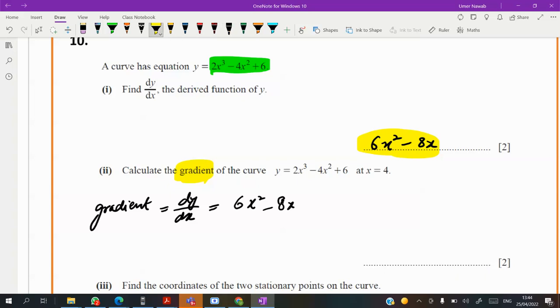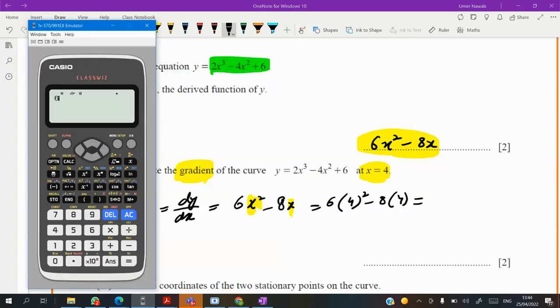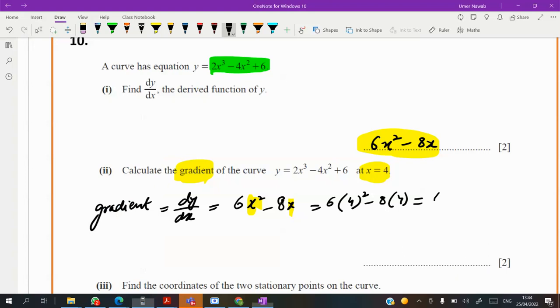In the place of x, you substitute 4. Now use the calculator. 6 times 4 squared minus 8 times 4 is 64. So the gradient is 64.